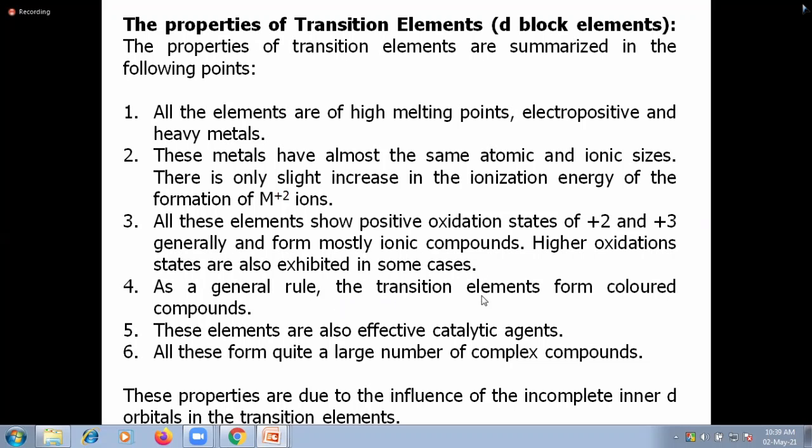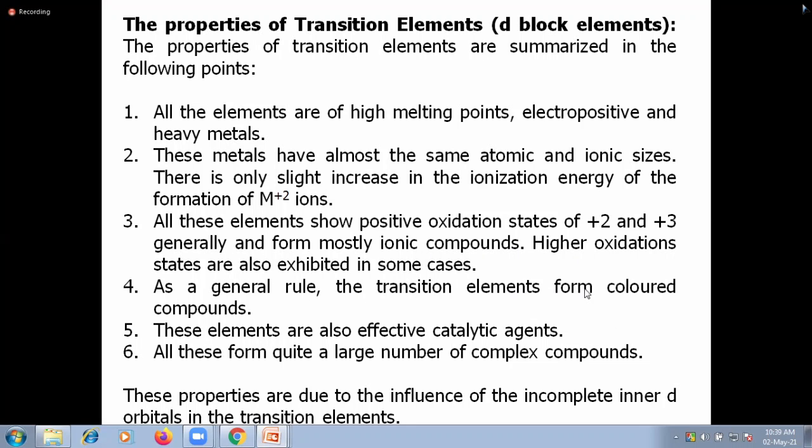And some general rules: transition elements form colored compounds. This also has some explanation, right? Why do they form colored compounds? Do you know? Anybody?